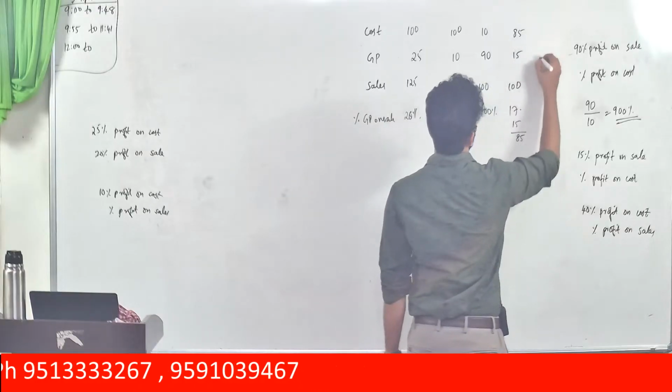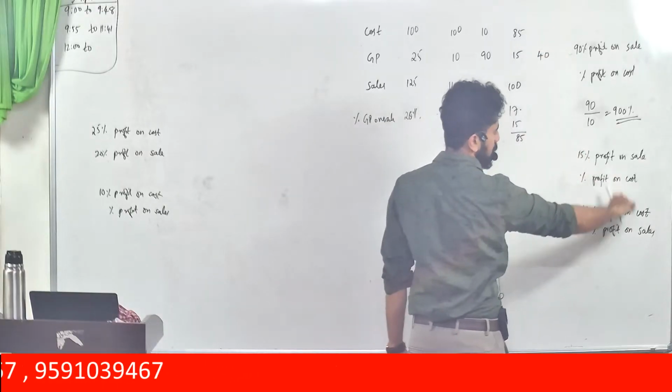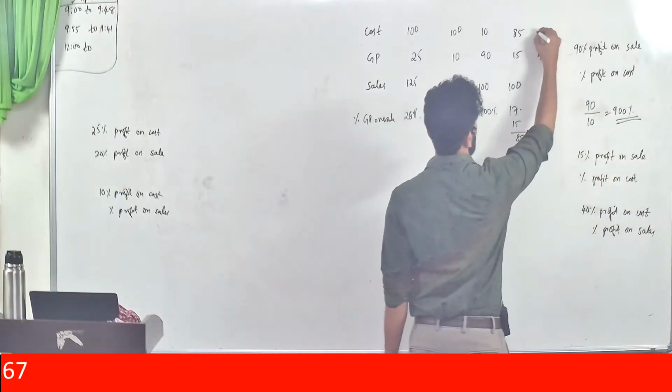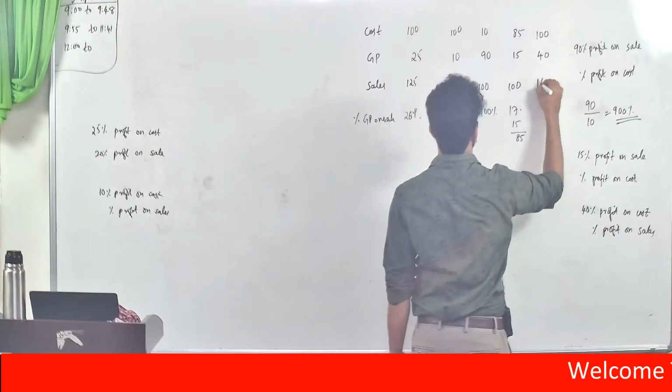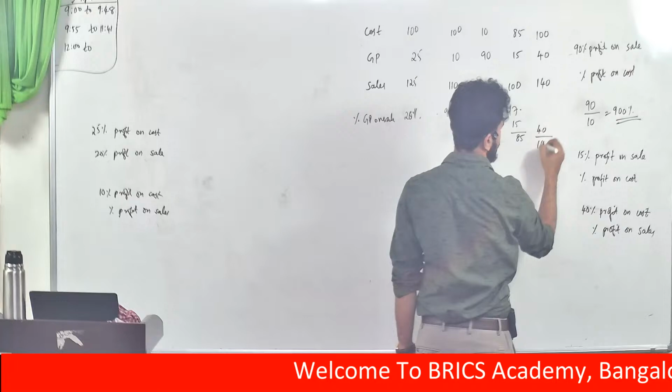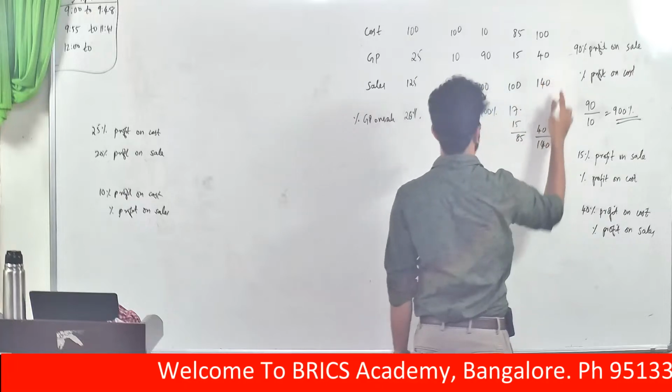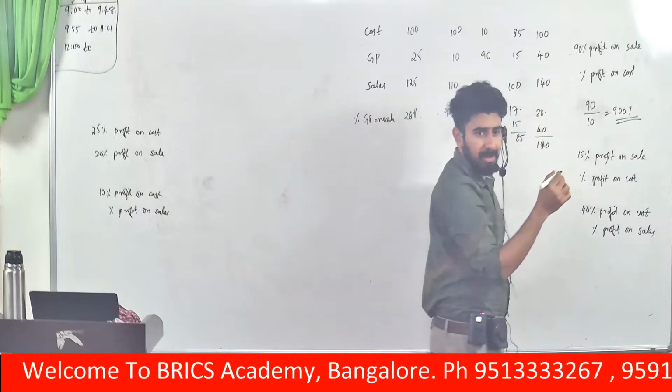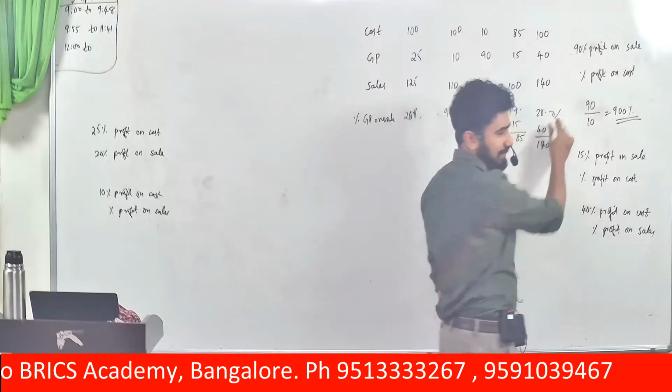You say 28.5. Okay, let's see. GP is 40 on cost, which means cost is 100, so this is 140. So 40 divided by 140, how much is this? Same. Okay, 28 point something.